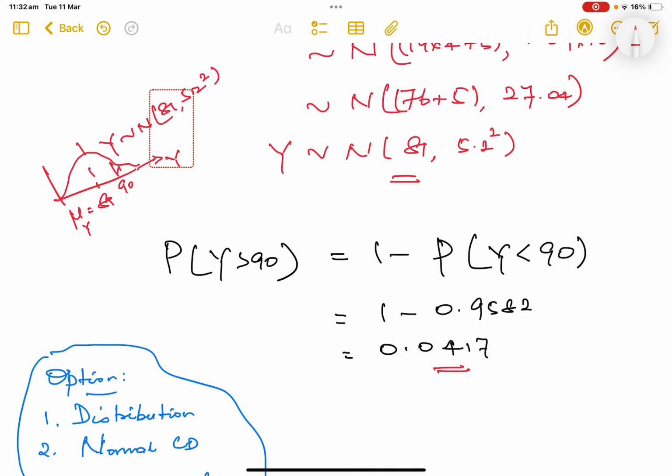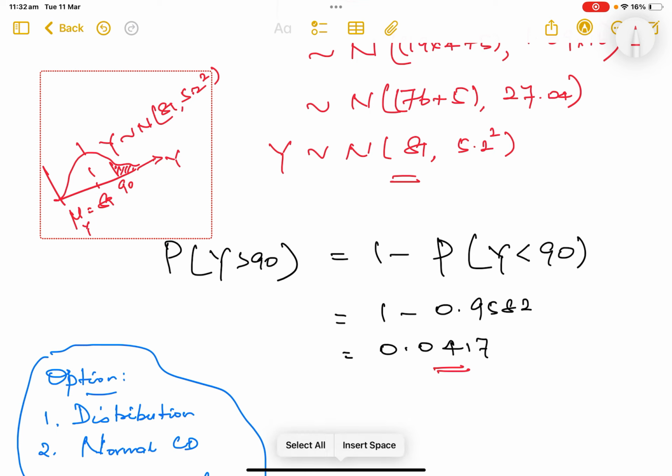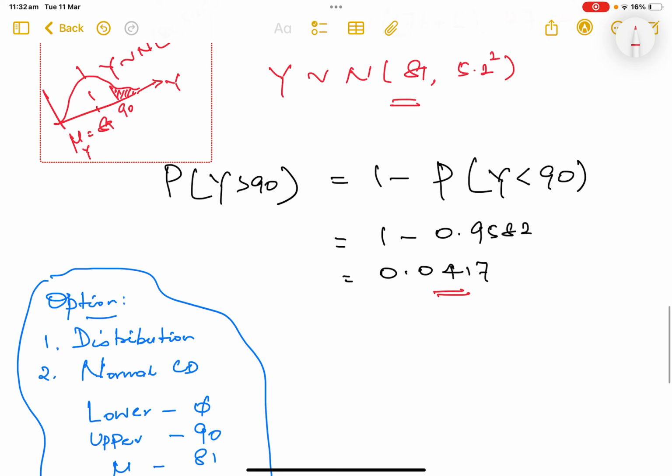They ask us to find this shaded bit, which equals 1 minus the non-shaded bit. So we find the less-than value, and 1 minus that gives the greater-than value. So 1 minus the probability of Y less than 90.